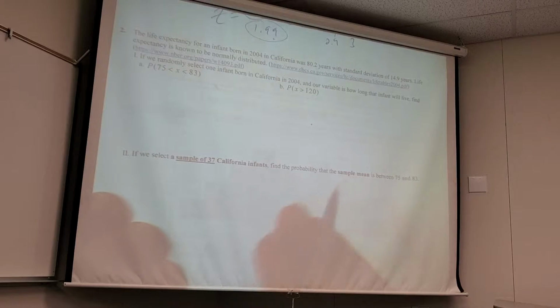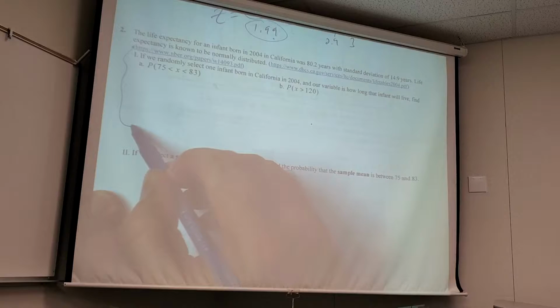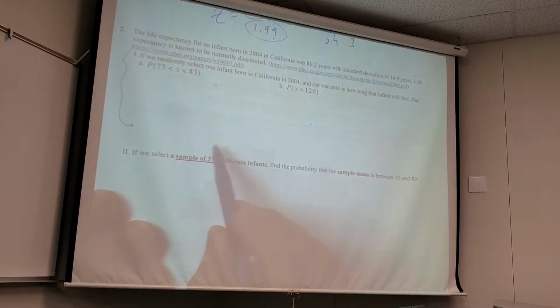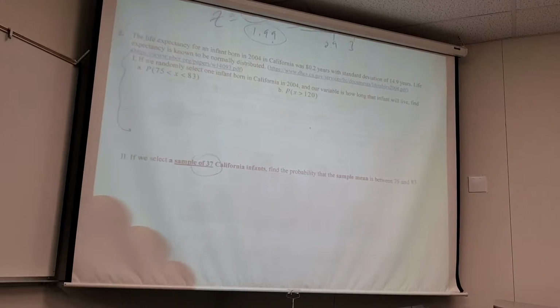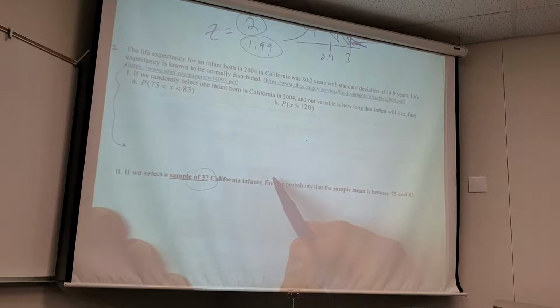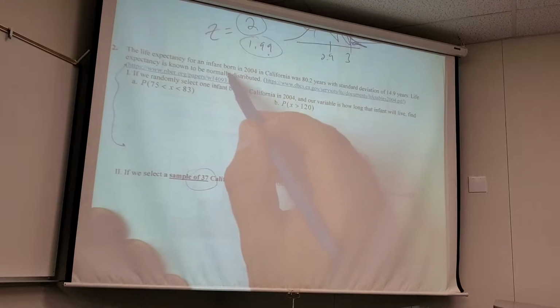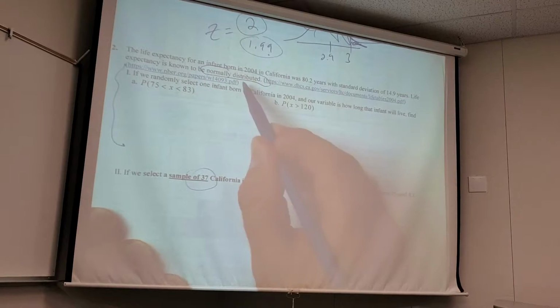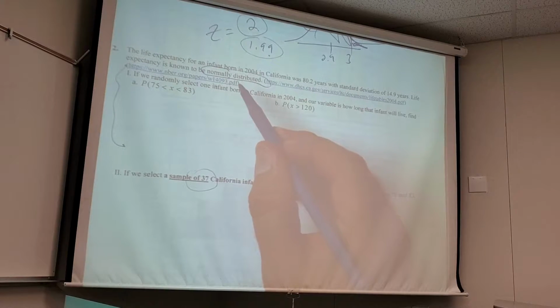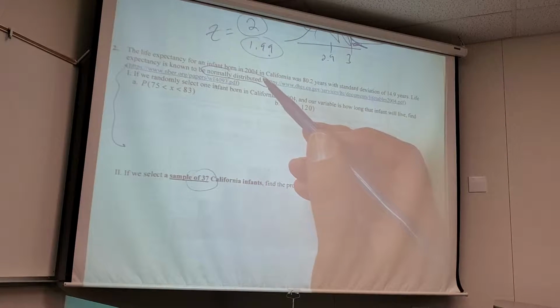So number 2, you start to realize I like to do this. I like to have the first part of a problem be old news, and the second part be where things change. So why do I know I can do the first part of this? Yeah, it's normally distributed. I don't need any sample size. Any sample size is good. I don't need something to save me.